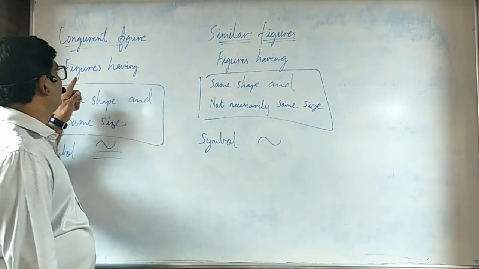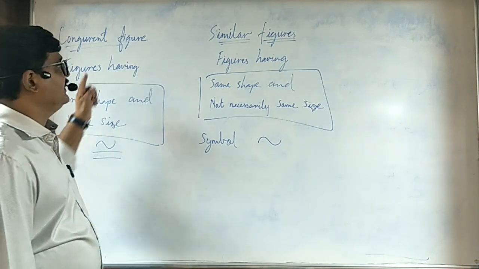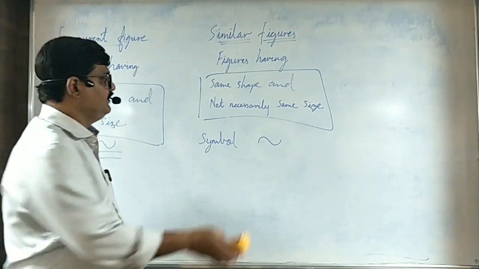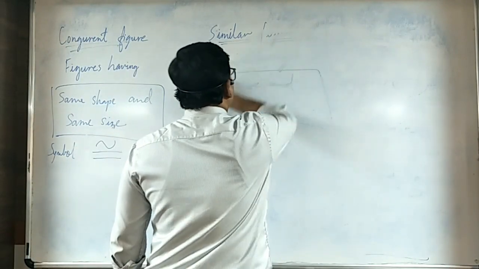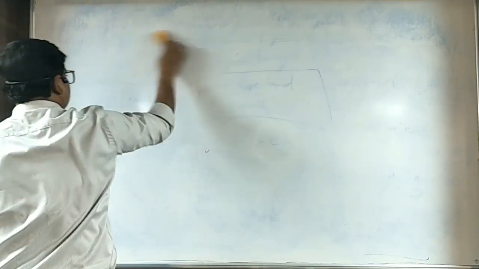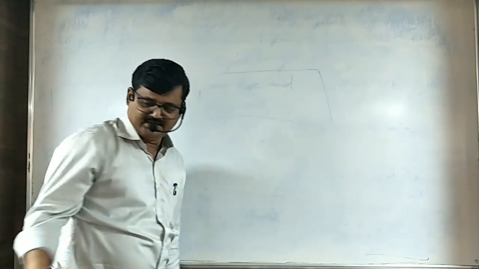So I have explained the congruent figure and the similar figure. Now, we did this in your 9th standard; we are going to talk not about figures but about triangles. We studied congruent triangles in the 9th standard.